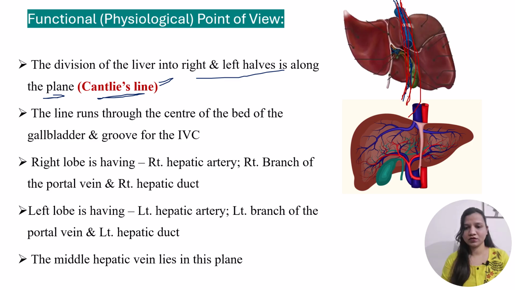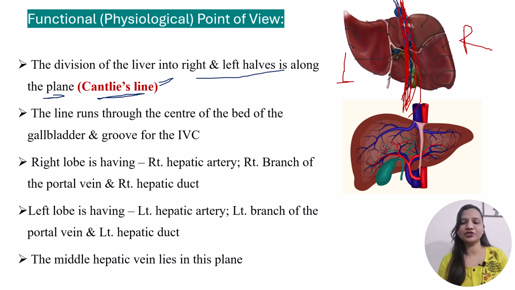This is the Cantlie's line, and it divides the liver into two halves, the left and the right.